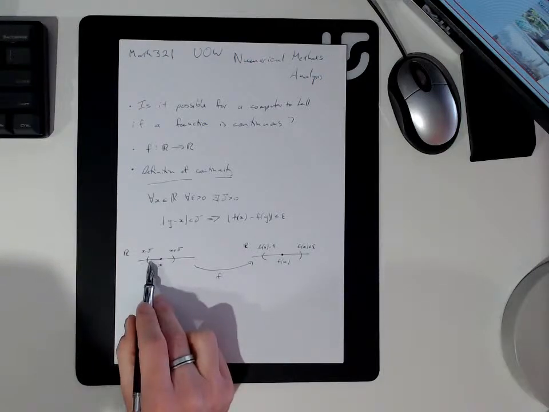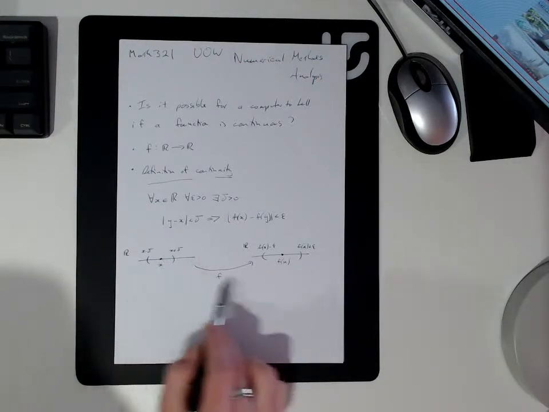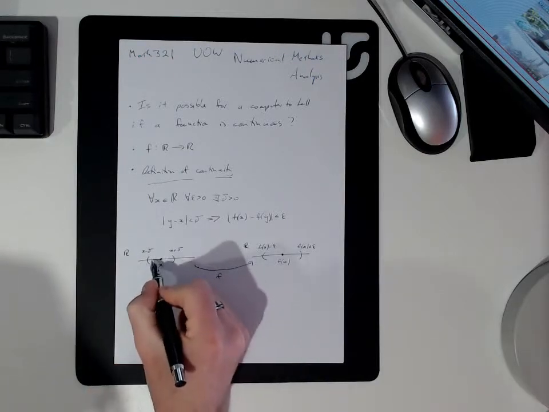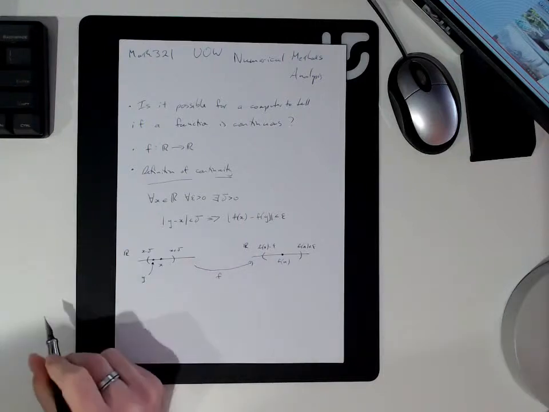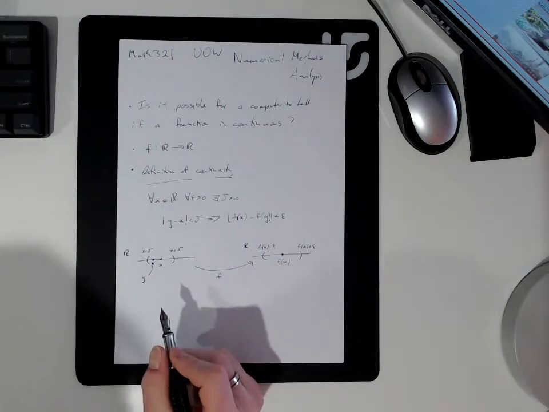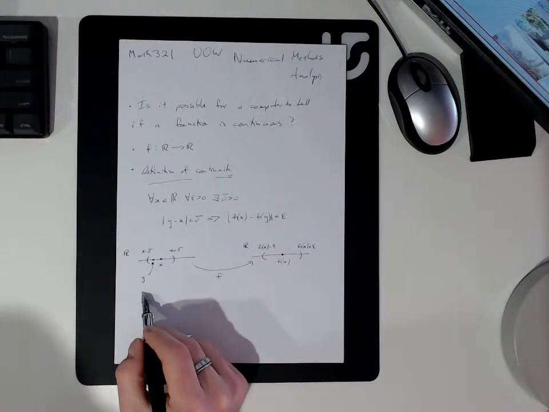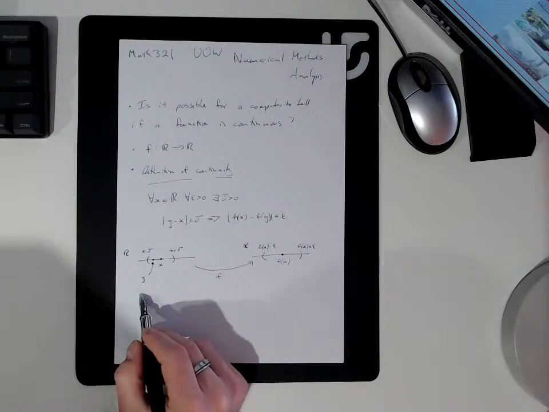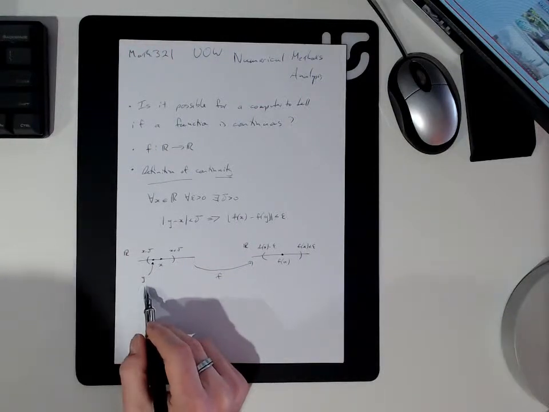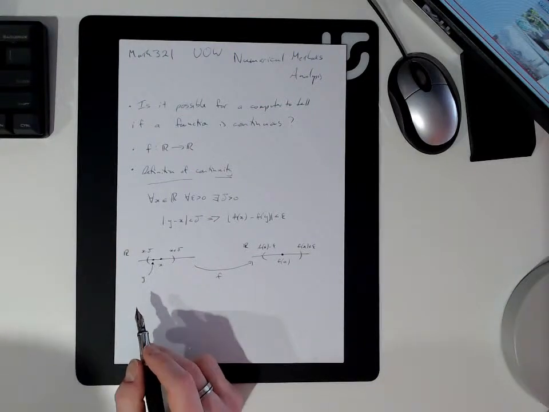It's impossible for the computer to perform the calculation f of y for an arbitrary y in there. And even if we have y and we can represent y in the computer, it is, depending upon what the function f is, impossible to accurately calculate the value.